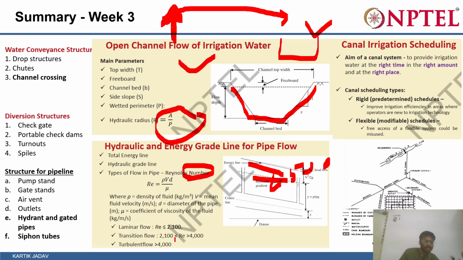In pipe flow, the flow is transitional if Reynolds number is between 2100 and 4000, and if it is greater than 4000, it is turbulent flow. While in open channel, it is less than 500, 500 to 1000, and greater than 1000.